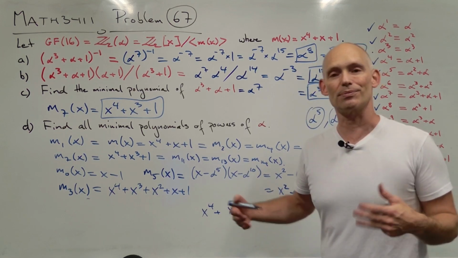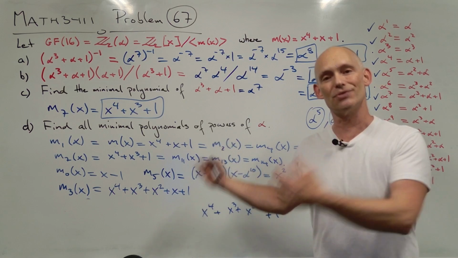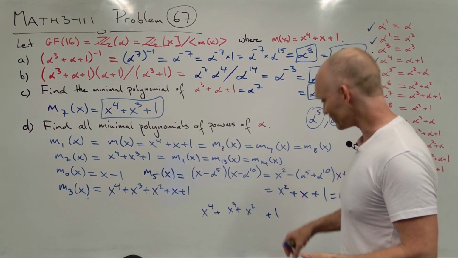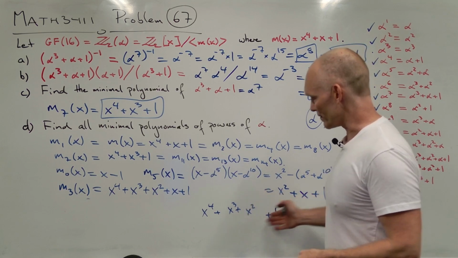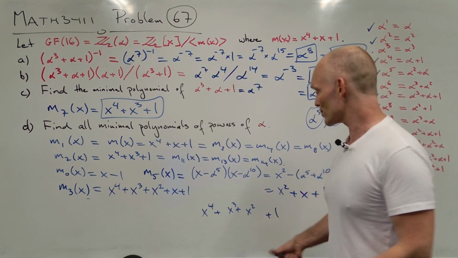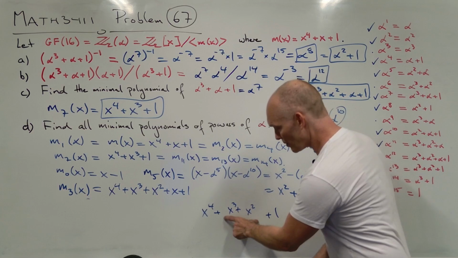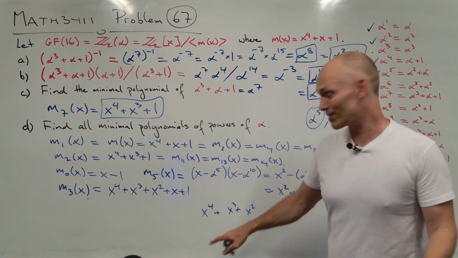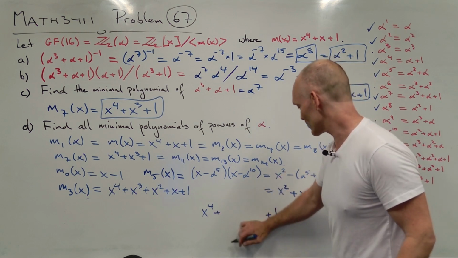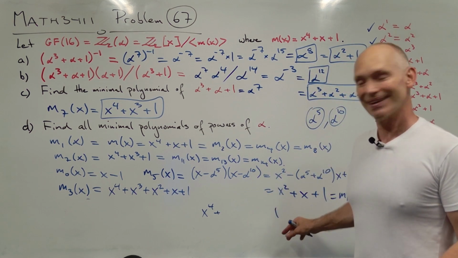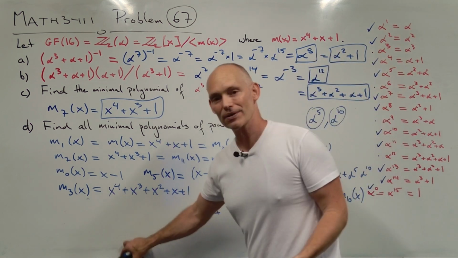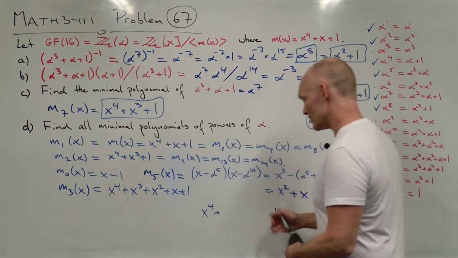In other words, 1 plus 1 plus 1 plus 1 is 4, is 0, and 1 would be a root of this polynomial, and it would no longer be irreducible. So we can't choose 2 of these middle terms. And we can't choose none of them either, because then we just have this expression here, which is also reducible because 1 is a root. So we've got to choose an odd number of these terms.